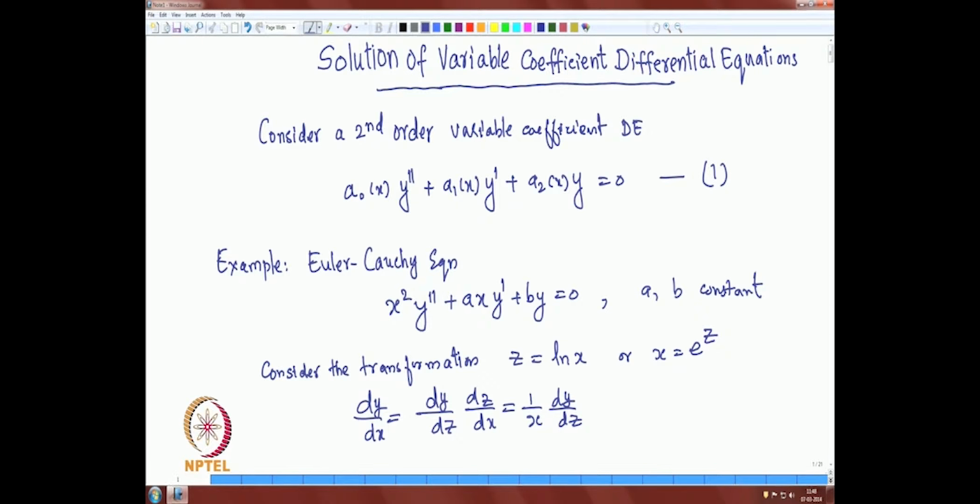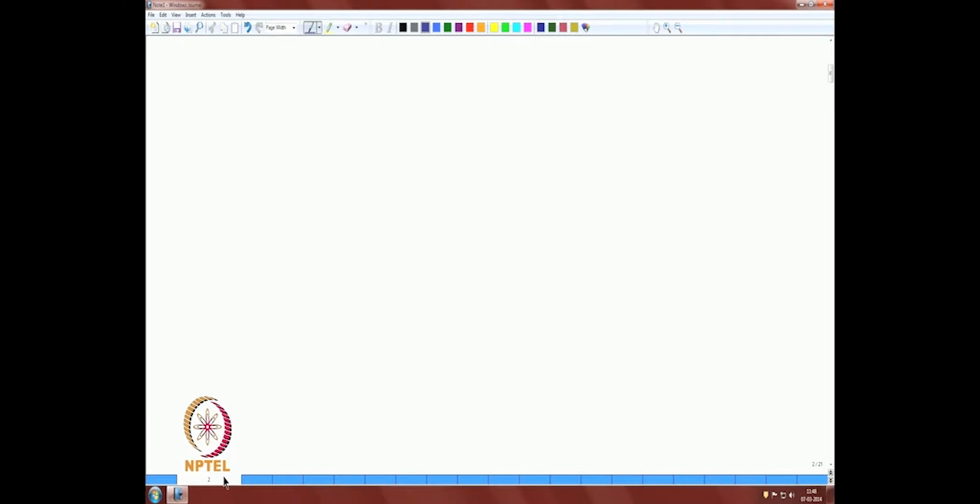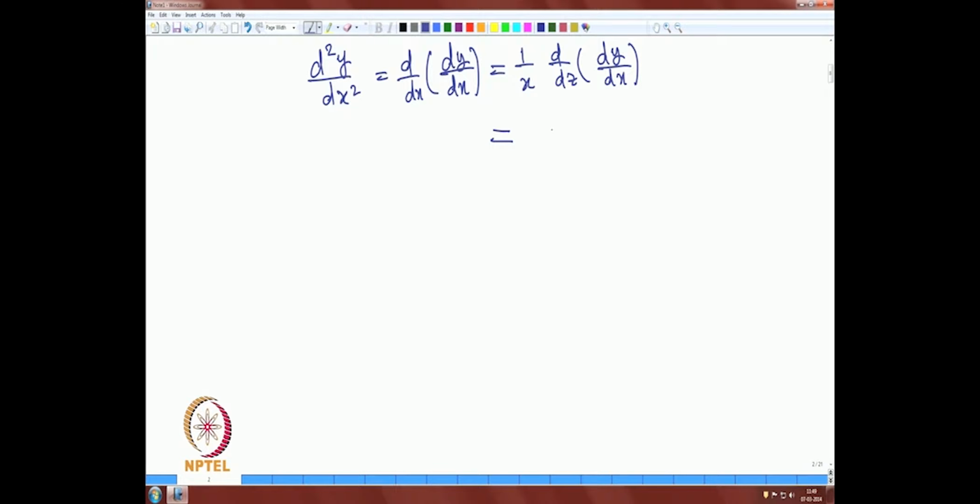So d square y by dx square is equal to 1 by x times d by dz of dy by dx, which is again 1 by x times d by dz of, what is dy by dx? dy by dx is 1 by x, again 1 by x dy by dz.